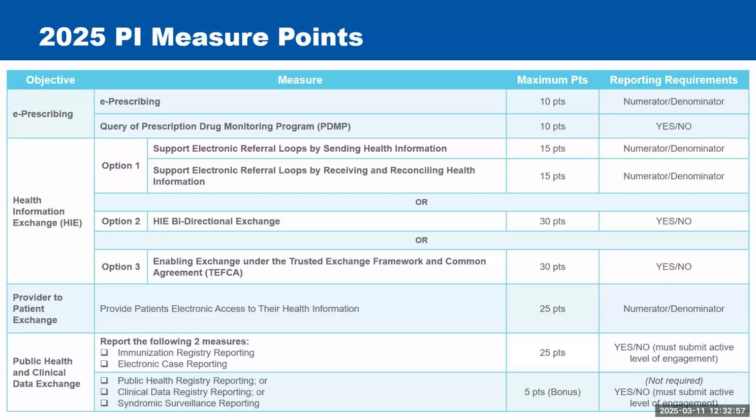These attestation statements are worth 25 points for the category and require you to be in that active engagement with the registries. Essentially, you are moving towards the production data phase or are in the production data phase of sharing information to these specific registries.